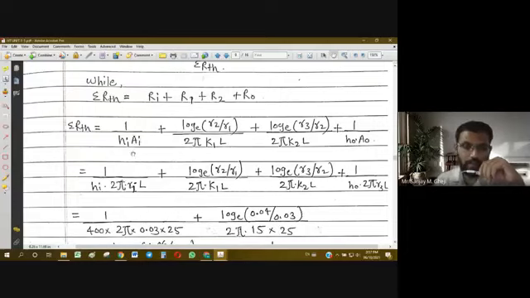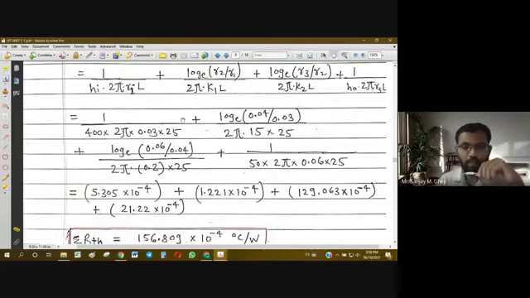So the inner surface area for a cylinder is 2 pi r1 L. This ratio we are maintaining the same, no change here. For the last term, 1 upon ho into 2 pi r3 L, because the outside surface area is 2 pi r L and the radius is now r3.